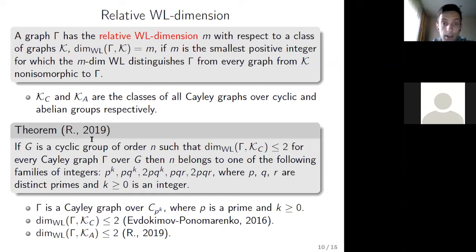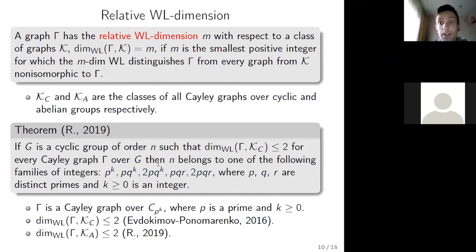Then n, the order of the group, belongs to one of the following families of integers: p^k, pq^k, 2pq^k, pqr, and 2pqr, where p, q, and r are distinct primes. In fact, this theorem is closely related to the Schurity problem. If we have a non-Schurian S-ring over a cyclic group, then we can take the corresponding Cayley graph.